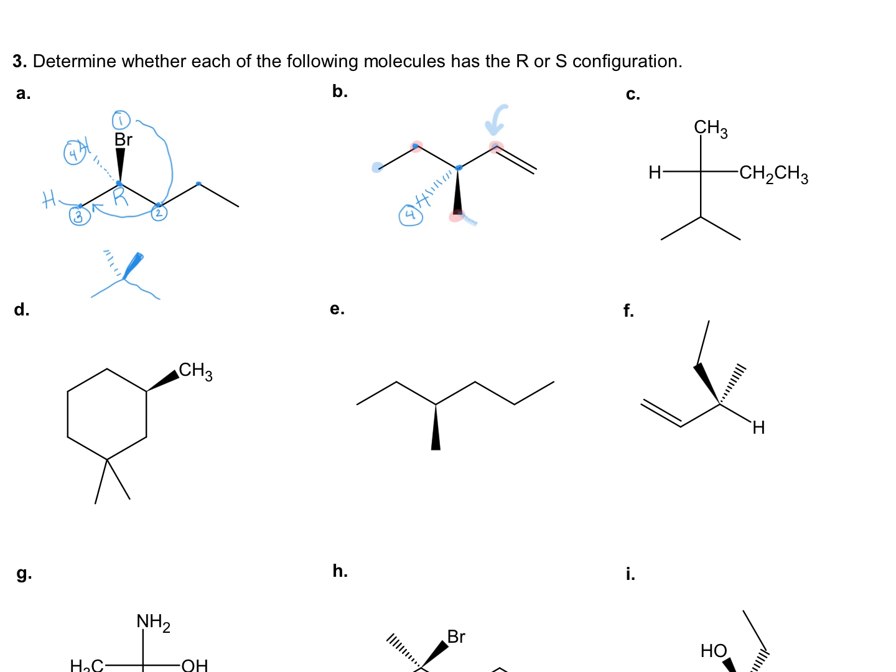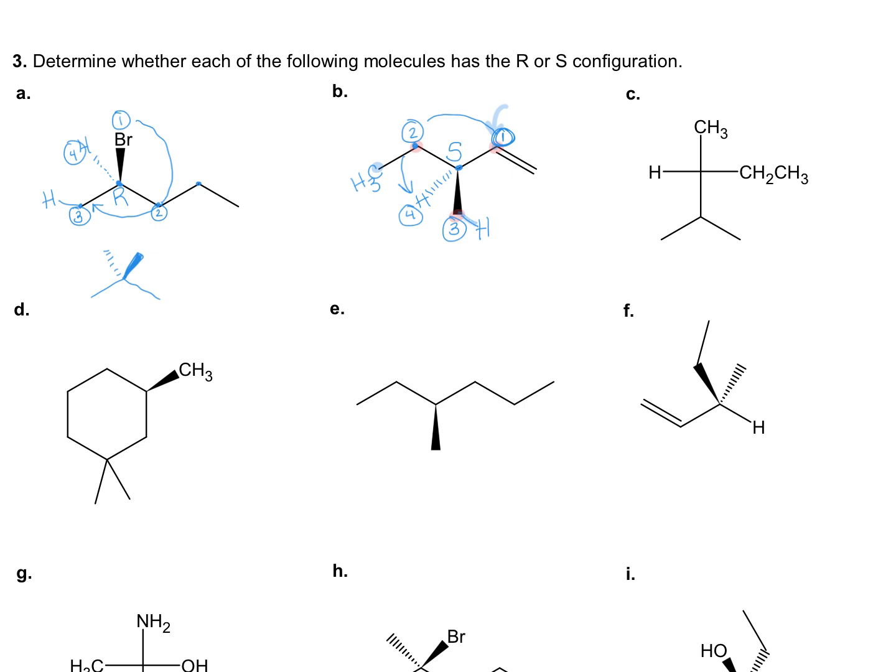The carbon down here is bound to essentially a hydrogen, and this carbon is attached to another carbon. So the order is going to go, this is group 1 because it's attached to 2 carbons, this is 2, and this is 3. So we're going to draw the shortest line to connect them, 1 to 2 to 3. It's going counterclockwise, and the lowest priority group is in the back, so it is what it is. This will be S.